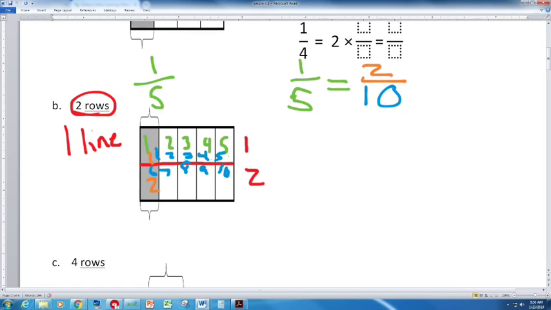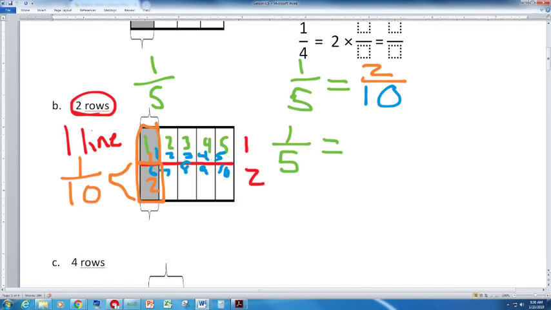Now, to make the multiplication problem, we have 1/5 equals, how many boxes do we have? We have 1 box here, and another box down here, that's 2. Each of these orange boxes is worth 1 box out of a total of 10 boxes, so they're worth 1/10.